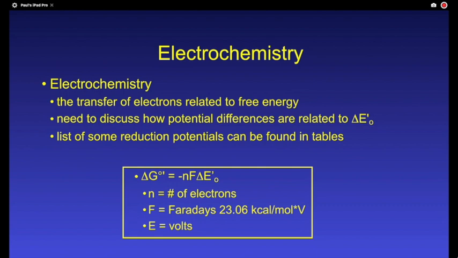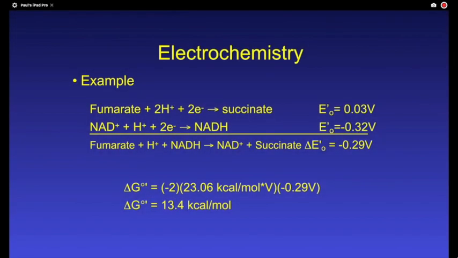Going back to electrochemistry, bring your calculators to the exam. We can calculate the potential energy, or the delta G, from the negative number of electrons times Faraday's constant times the change in potential. If I give you this particular problem, I will give you Faraday's constant. An example, again, these are simple ones given inside the textbook: fumarate plus 2 electrons yields succinate.